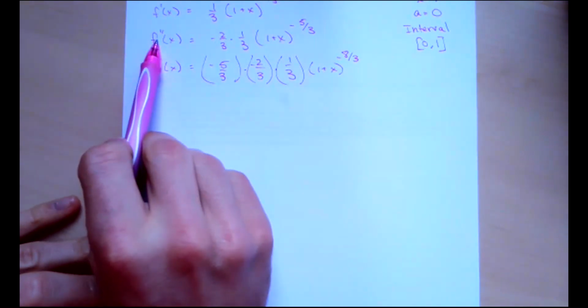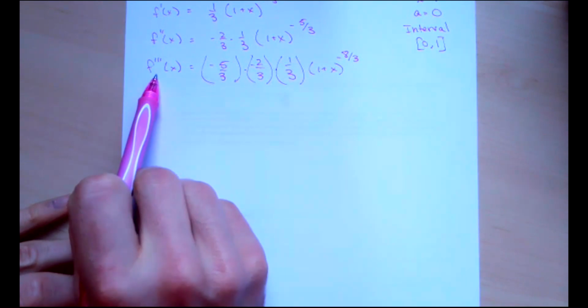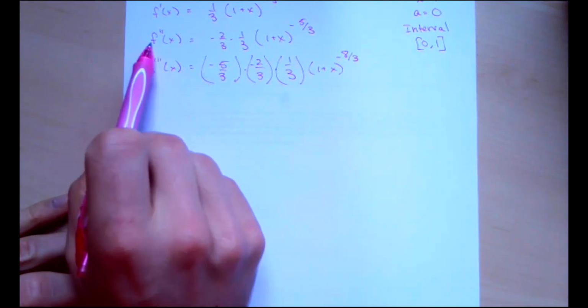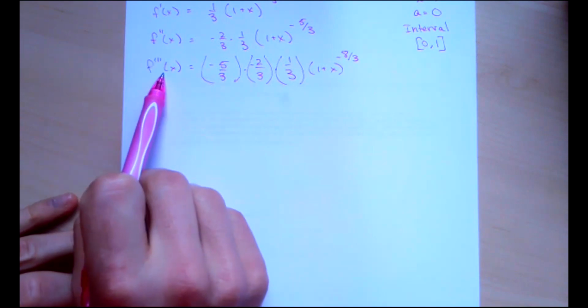So if you look at the problem in part 3, we're only finding T2, a second-degree Taylor polynomial. So what did we have to do? We took the third derivative, and so this is our one more derivative than the degree of the polynomial.